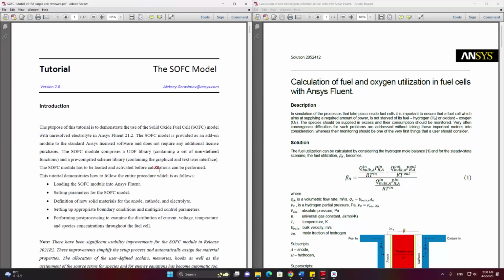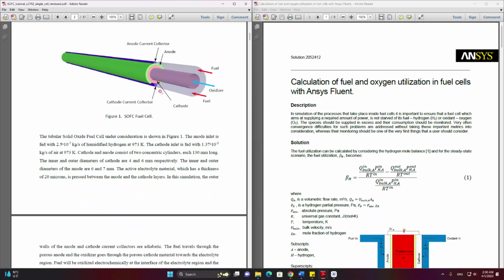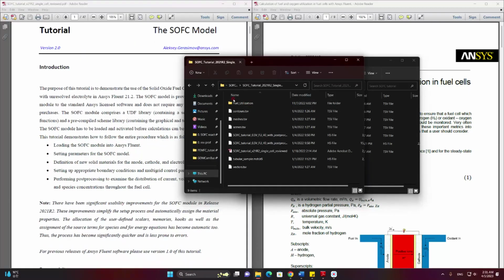You can see this manual is a tutorial manual for the SOFC model. This was provided by Ansys, and this is actually for a tubular SOFC, and the accompanying manual is for calculating the fuel and oxygen utilization. These are all the files that are provided along with the tutorial.